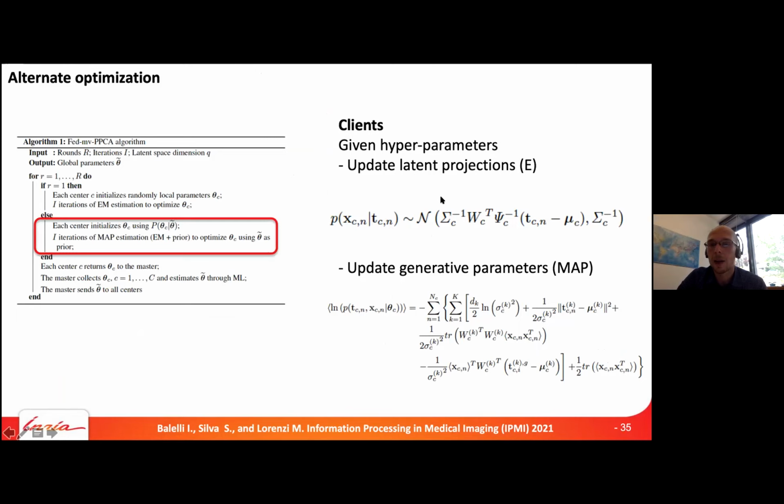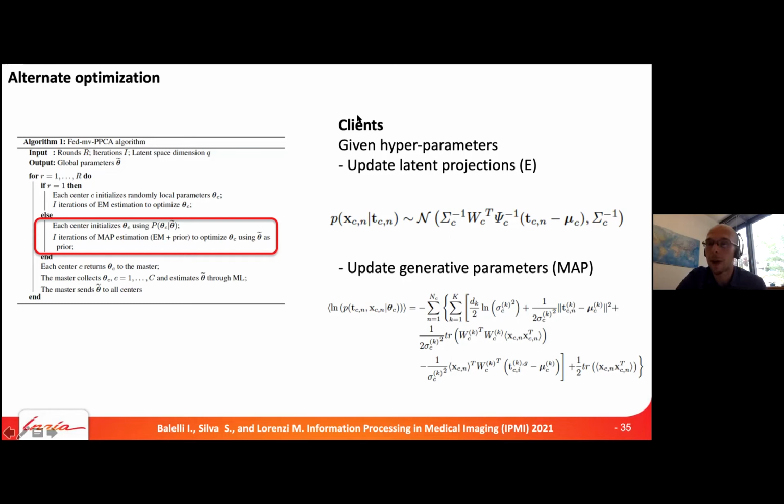Then we do the M step, which is optimizing the expectation of the log joint, as in expectation maximization, but under the constraint of the prior. So it's a sort of regularized optimization where the local parameters at the client level are optimized to fit the data, but at the same time to be not too far from the hyperprior at the server level.